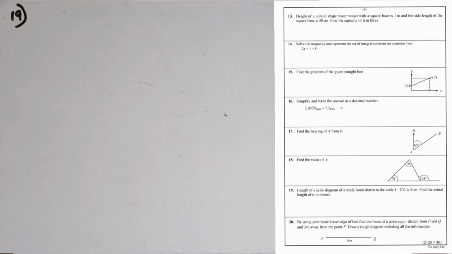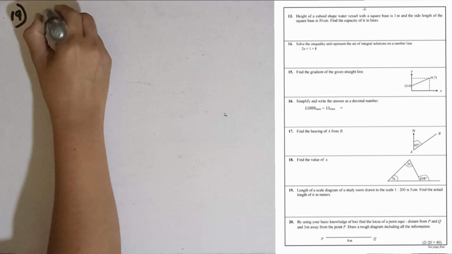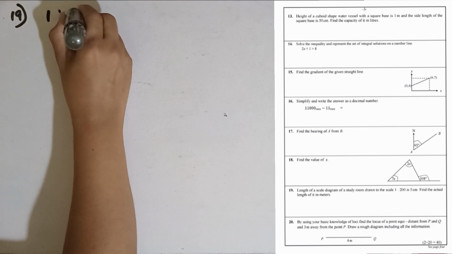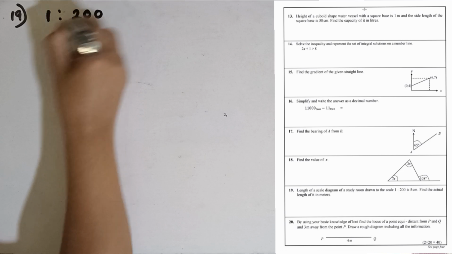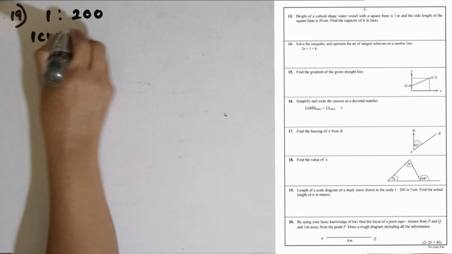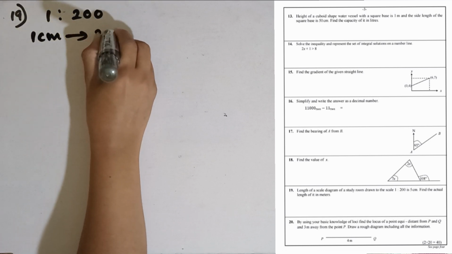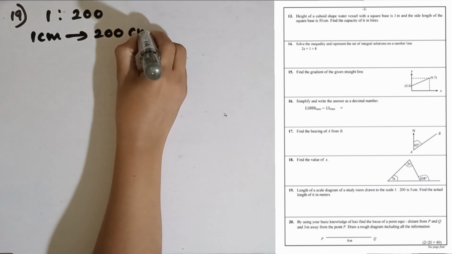Question number 19. The length of a scale diagram of a study room drawn to the scale 1 to 200 is 5 centimeters. Find the actual length of it in meters. First, let's read the scale 1 to 200. That means 1 centimeter represents 200 centimeters.